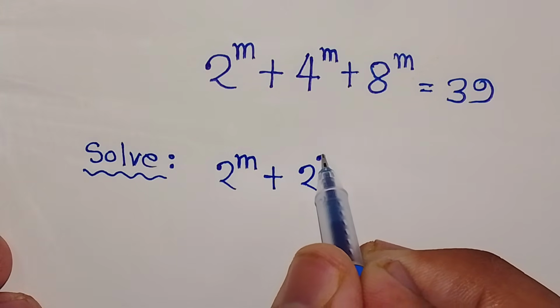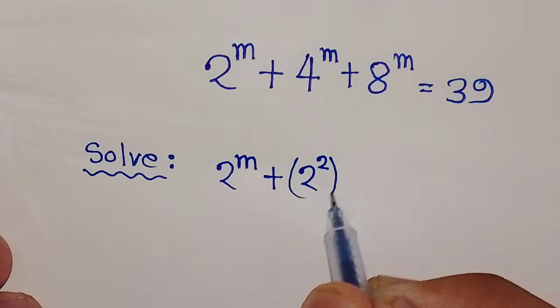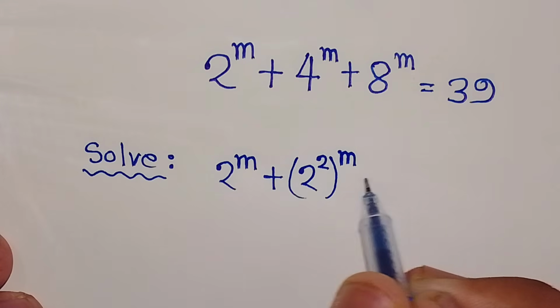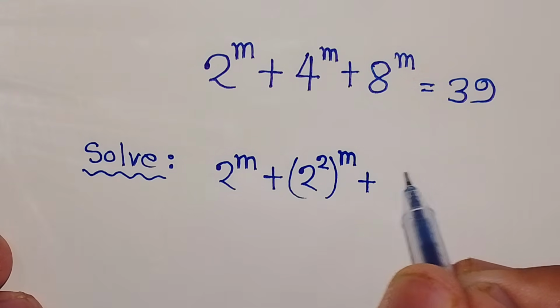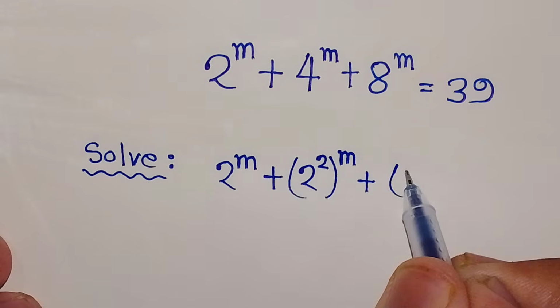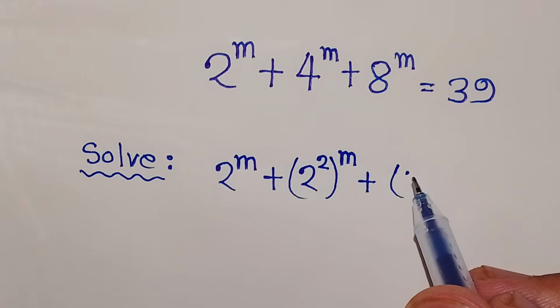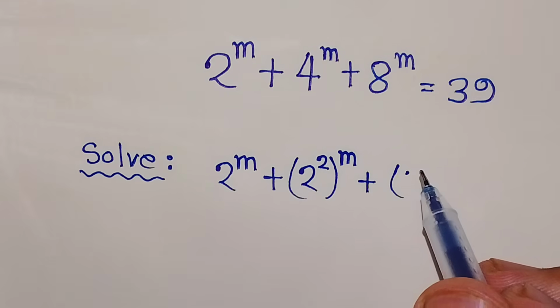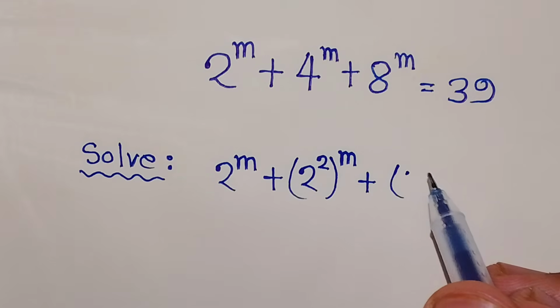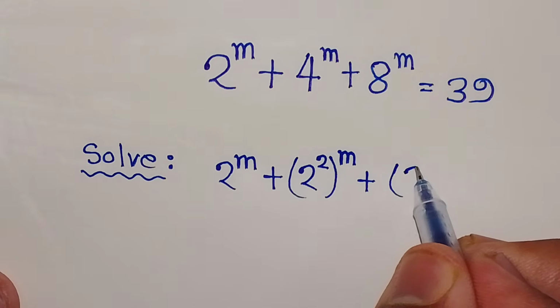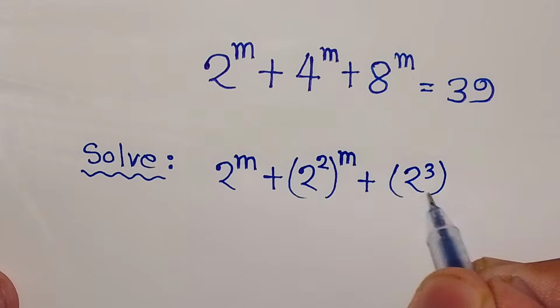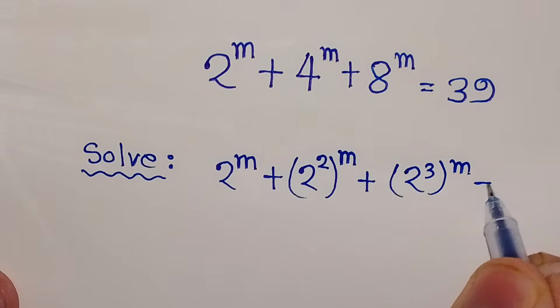If you attentively notice, 4 and 8 are powers of 2, so that's the key observation in here. So let's transform the equation like 2 to the power m plus 2 squared to the power m plus 2 cubed to the power m.